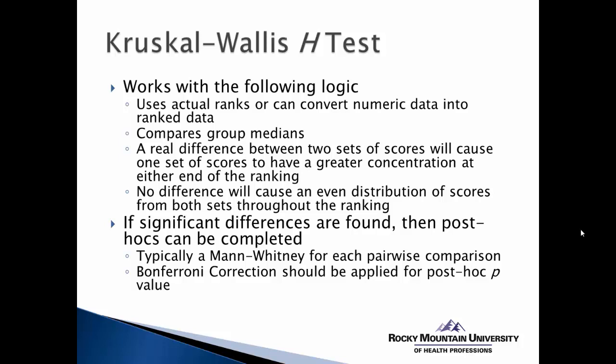So if we've got three groups that we're comparing using the Kruskal-Wallis and we find significant differences, we're going to do three pairwise comparisons. And so we need to take our p-value of 0.05, if that's how we're initially testing, divide it by the number of pairwise comparisons, in this case 3, and that gives us a new p-value of 0.017, and that's the p-value we would use for our post-hoc comparisons.